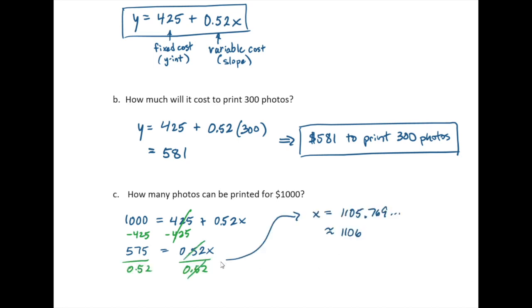That gives us x on one side, and on the other side, 575 divided by 0.52, which is approximately 1,106 if we round to the nearest whole unit. Since we're talking about the number of photos that can be printed, we'll round to the nearest whole number. Again, we should write this in words. This tells us that we can print approximately 1,106 photos for a cost of $1,000.